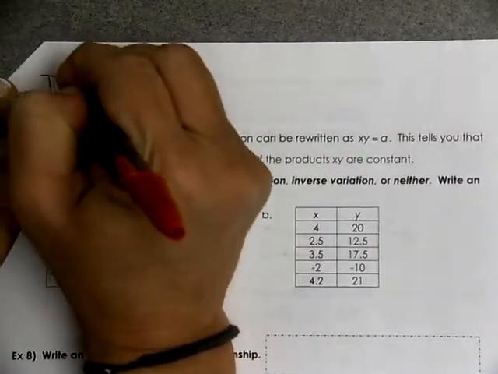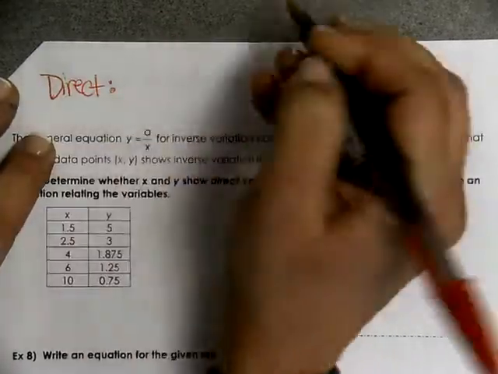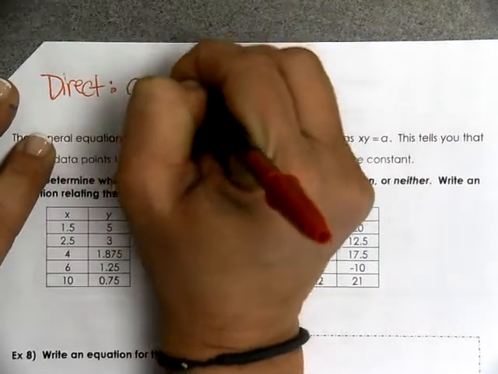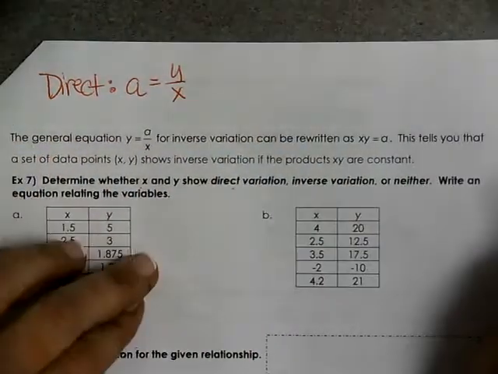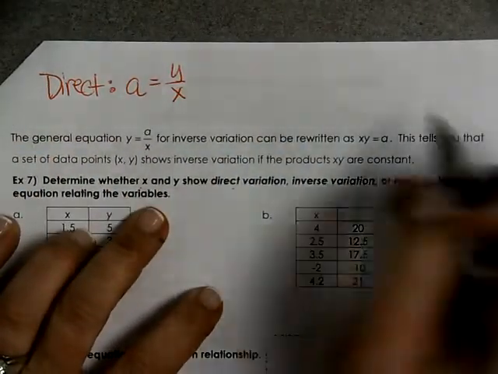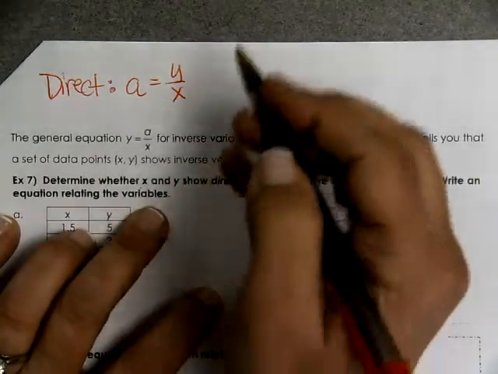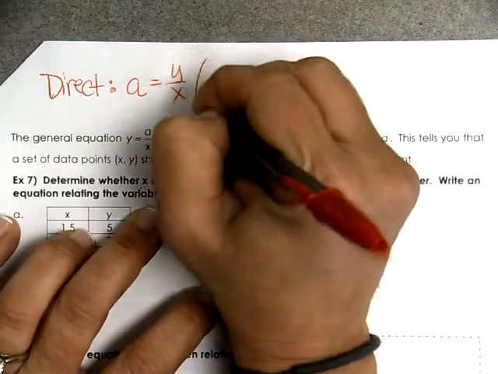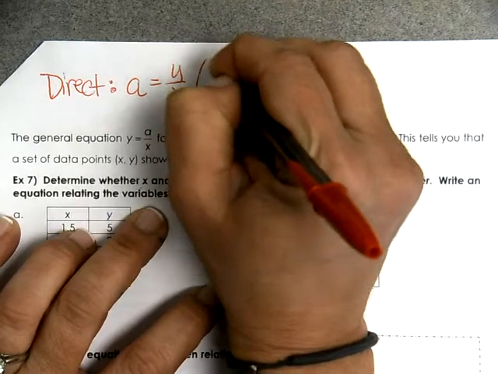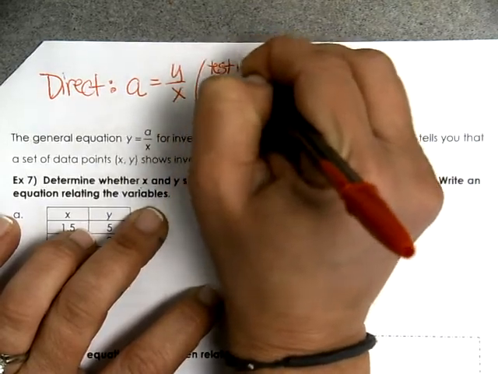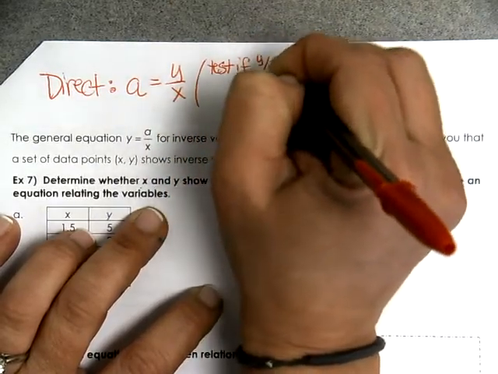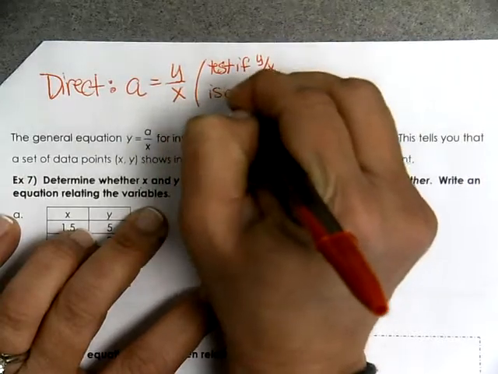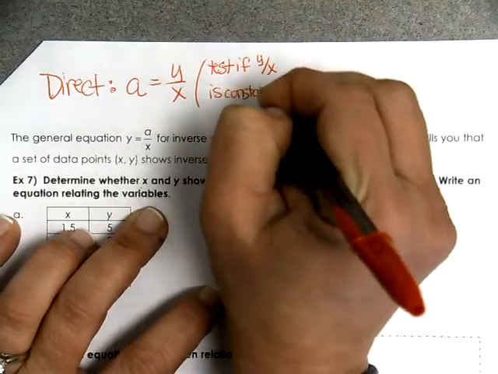If you have direct variation, remember that your a is going to be y over x. That's what your a would be. So what you're going to do is test to see if y divided by x is constant. Okay?